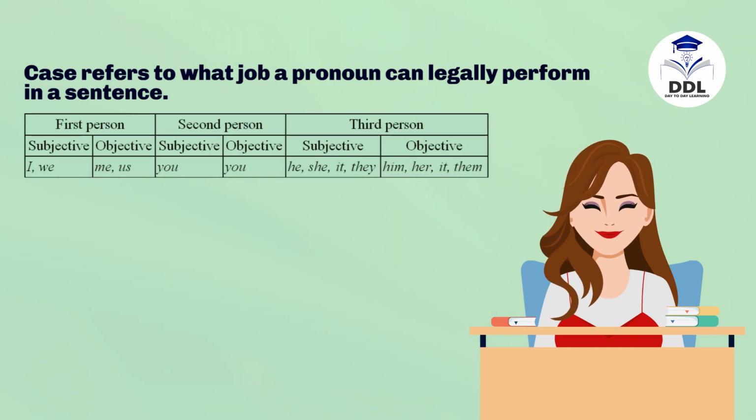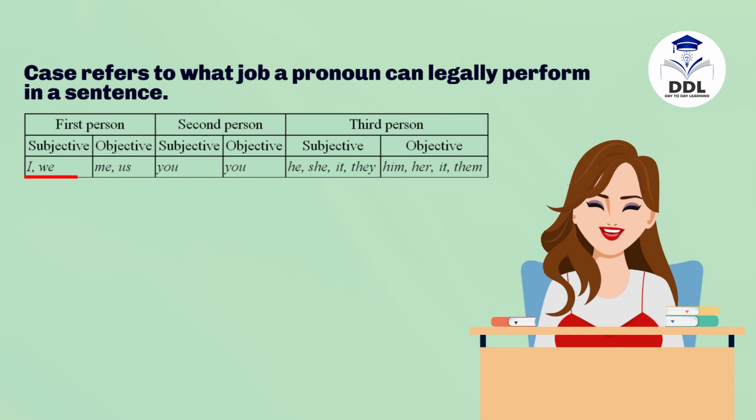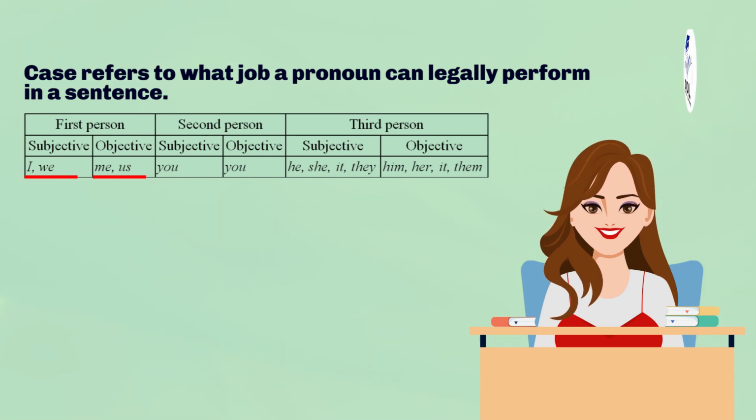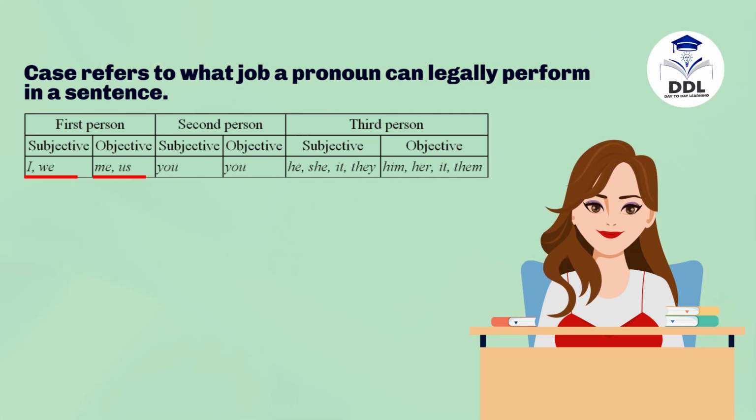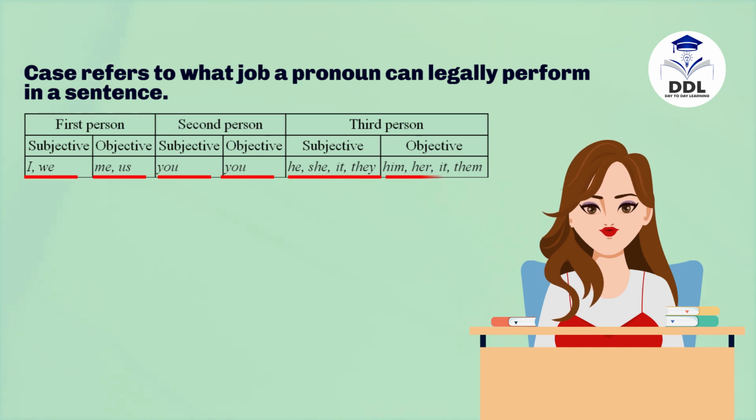First person, subjective: I, we. Objective: me, us. Second person, subjective: you. Objective: you. Third person, subjective: he, she, it, they. Objective: him, her, it, them.